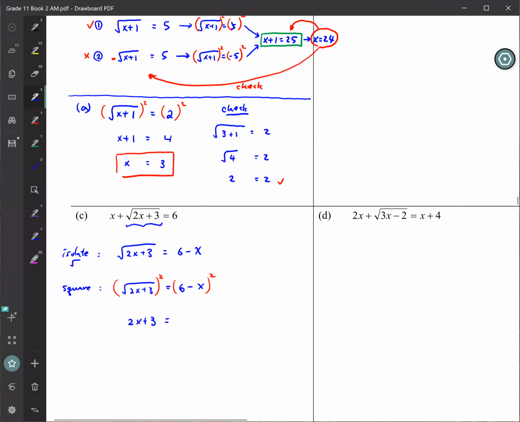So 36 minus 12x plus x squared. Yeah, or you could use the formula, right? A minus b squared. Then same thing. Once you get to here, this equation is no longer radical, right? Not a radical equation. It becomes a quadratic equation.